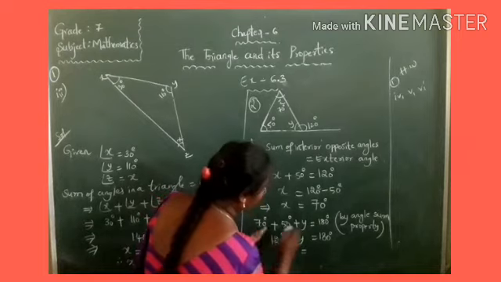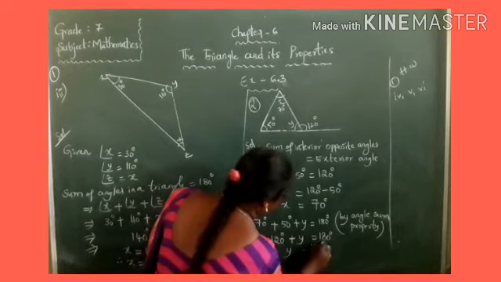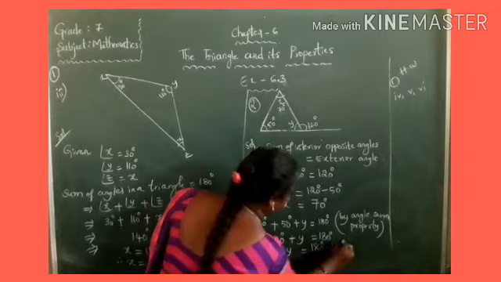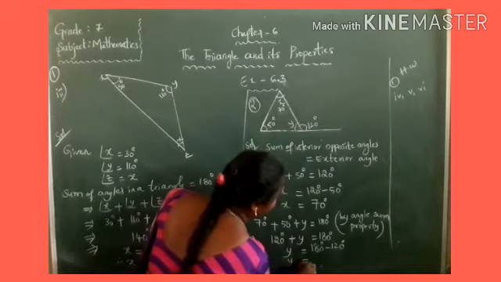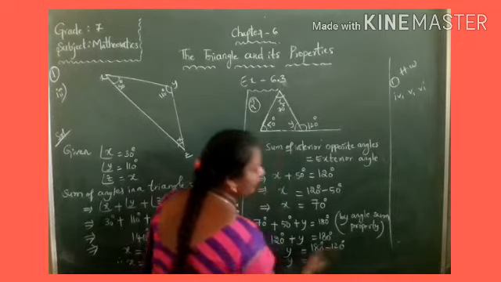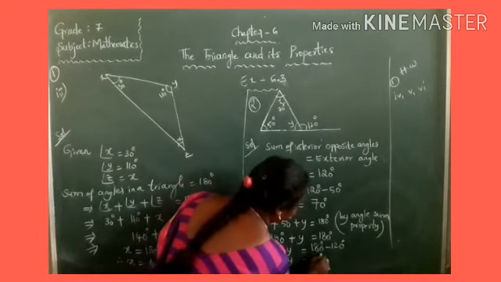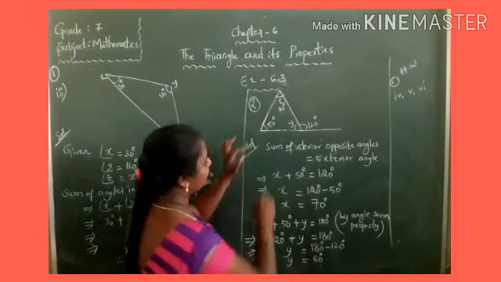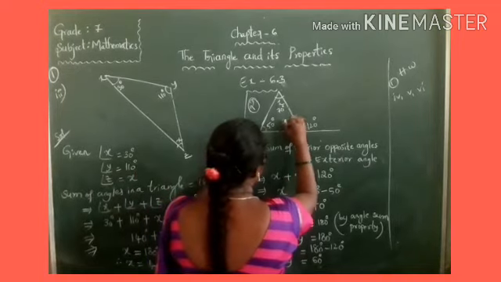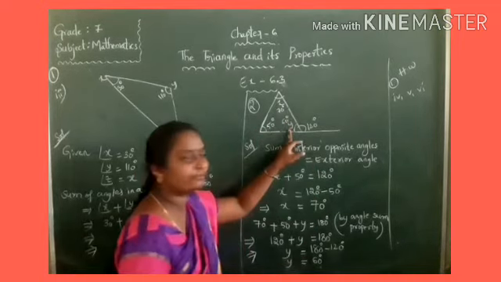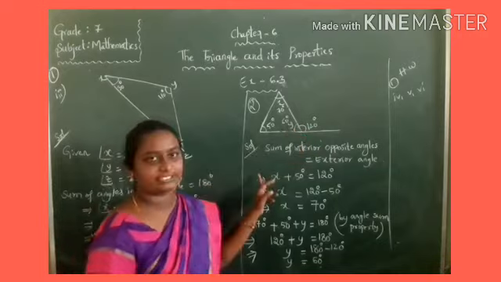So transpose 120 degrees, it is minus 120 degrees. Then y is equal to 180 degrees minus 120 degrees, 60 degrees. What is the y value here? The angle y is 60 degrees.